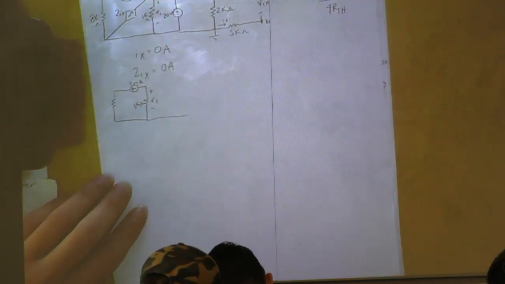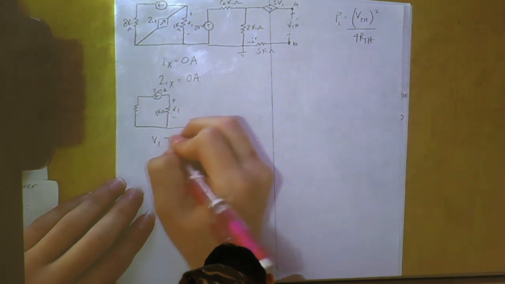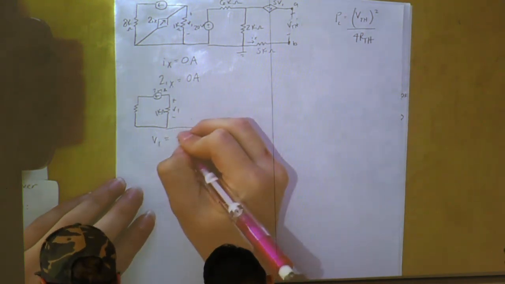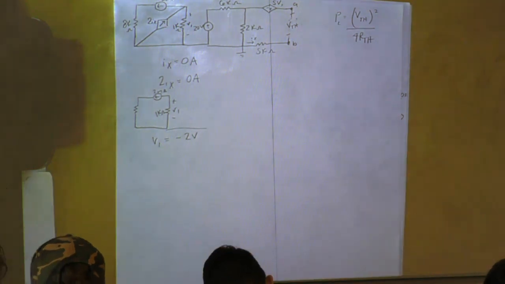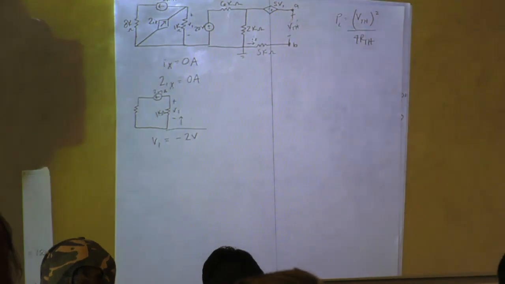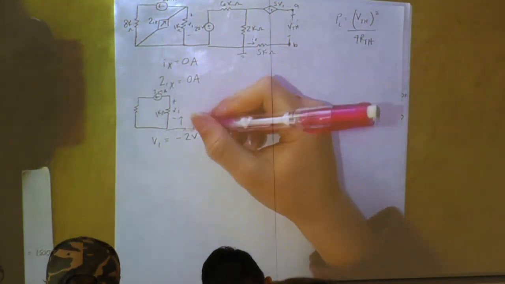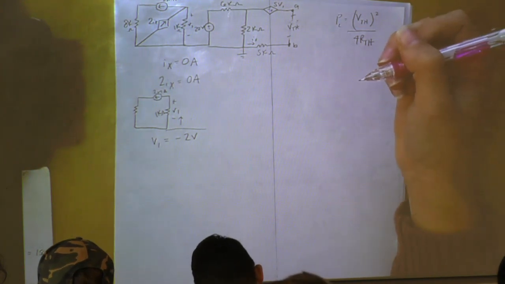We can say our V1 is going to be equal to -2 volts. Our current comes through the negative end of the voltage, so we're going to call it -2 volts. Can you say that one more time?